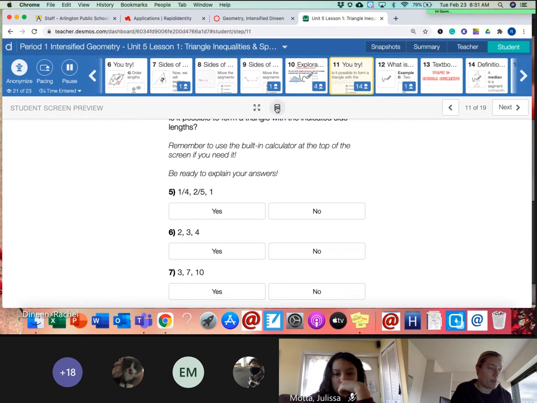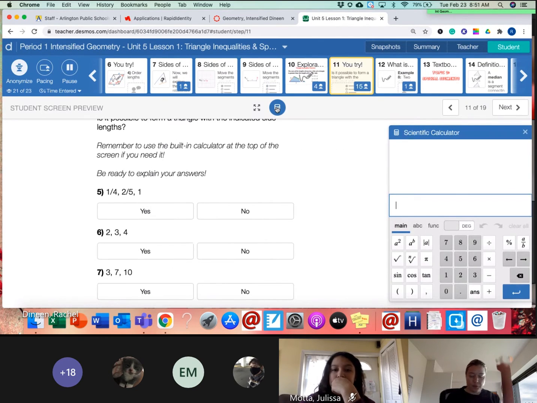Remember, you can use the built-in calculator at the top if you need it. I'm going to be looking for 3 volunteers to either say it out loud or type into the chat for 5, 6, and 7.